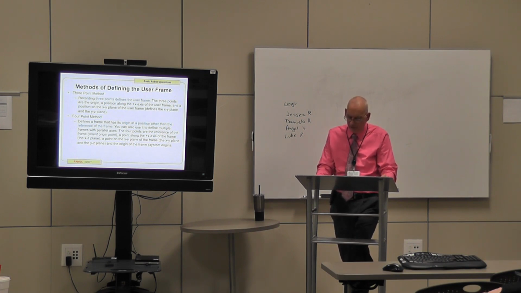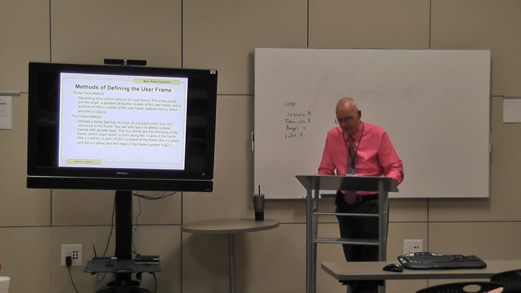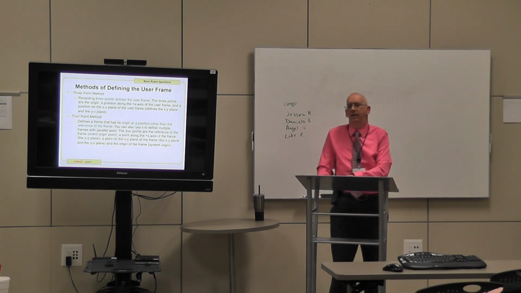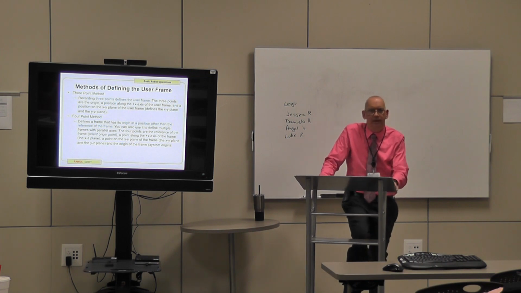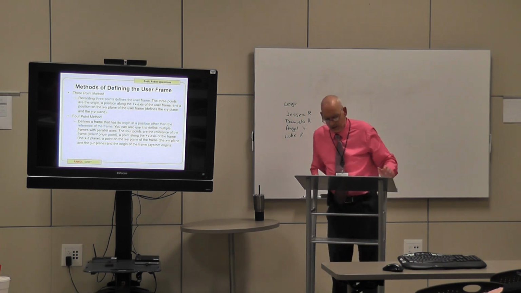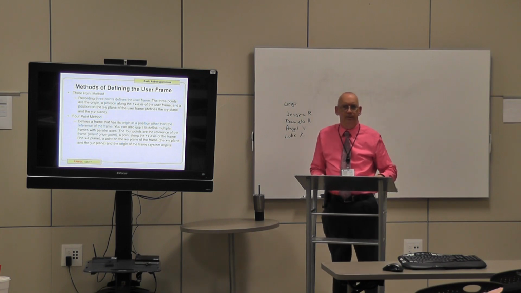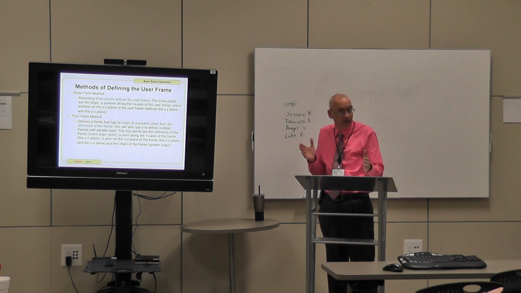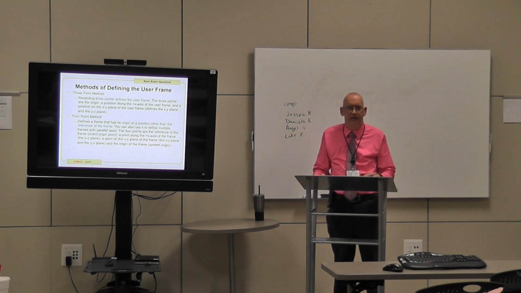The 4 points are the reference of the frame, the origin point they call it, a point along the positive x-axis of the frame, a point along the xy plane of the frame, and the origin of the frame, which would be the system origin. So this is a little more complex. Okay, but this is if you're using multiple frames. If you're just using one frame, you only need to do the 3-point method. But if we're doing multiple frames that are parallel to each other, then we can use the 4-point method and identify that second one.